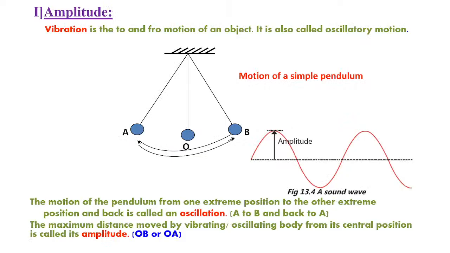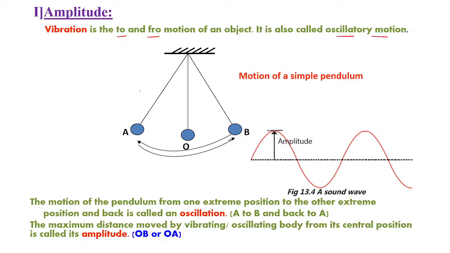So first we have amplitude. Before I explain the meaning of the word amplitude, let me explain the meaning of the word vibration. As I already told you, it is to and fro movement of an object, also called oscillatory motion.